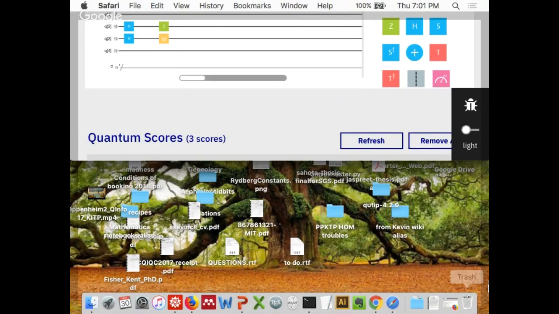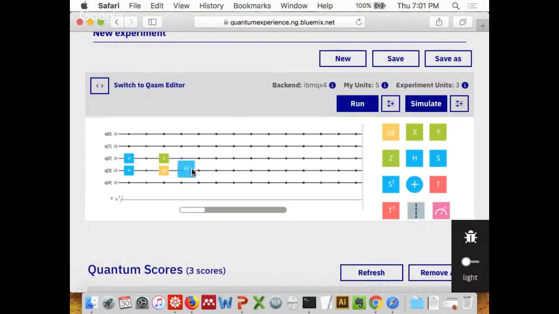Oops. So next thing was Hadamard, and then the C0. So you want to place the plus on what the target is, and then drag the control. So I'm going to place it on qubit... Oh, it doesn't let me do it on qubit 3. Okay, so I made a bad choice. Let's see where we can place our C0.